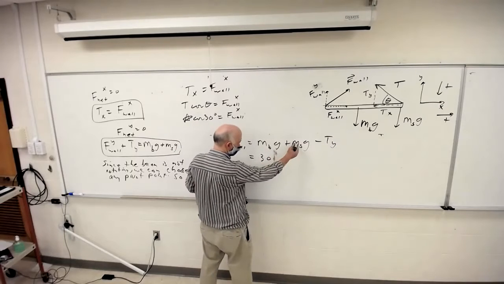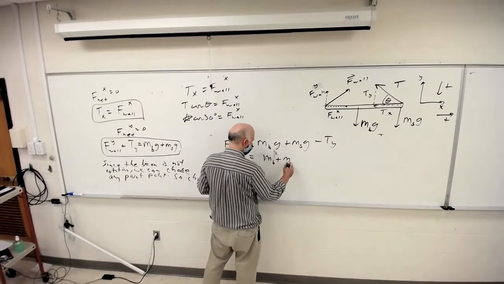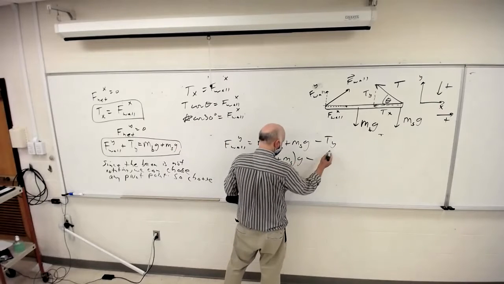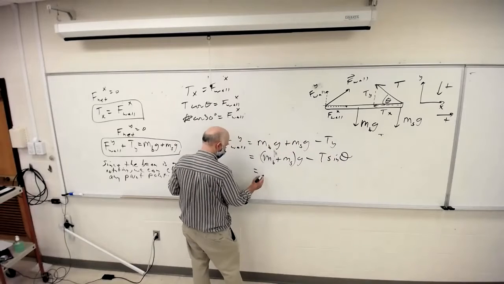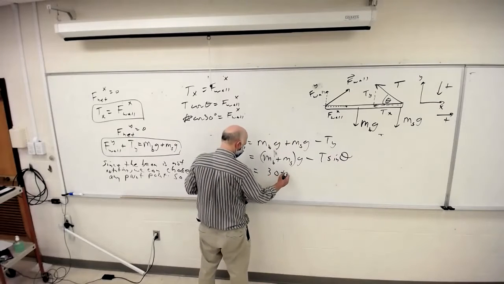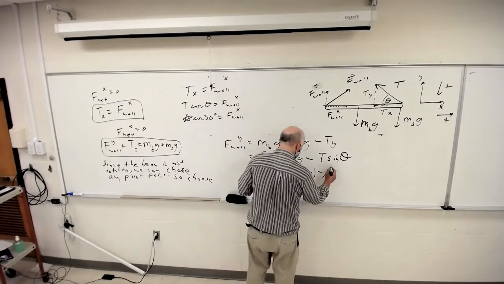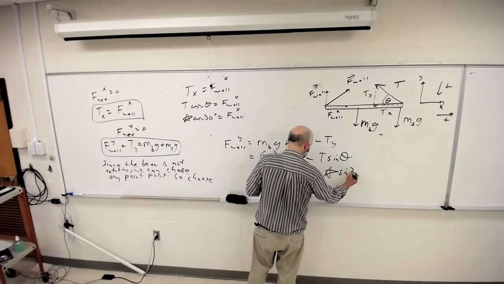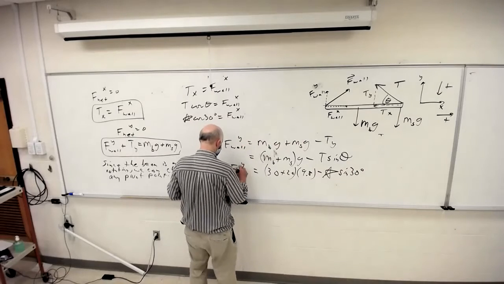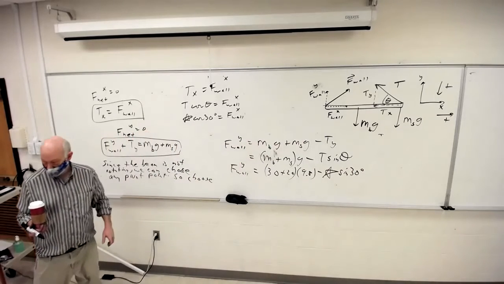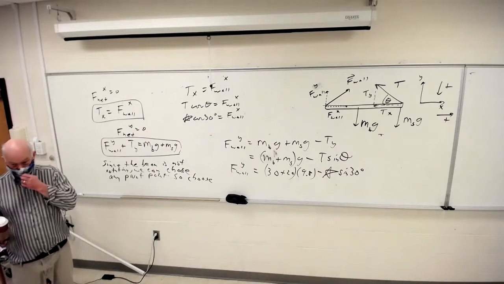I'll pull out the g's and rewrite this as MB plus MS times g, and this guy here is then T sine theta. So this would be our 30 plus 20 and 9.8 times sine 36. That makes sense? That's how you find them.